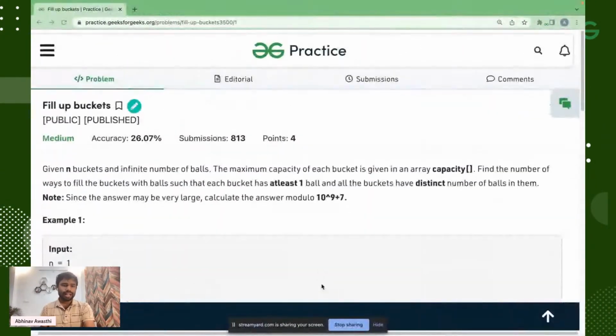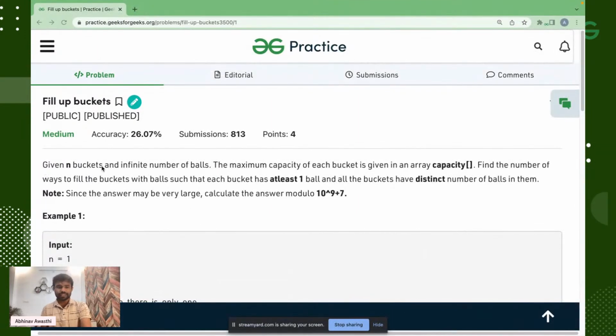The problem is that we are given n buckets and an infinite number of balls. The maximum capacity of each bucket is given to us, meaning in a particular bucket, what is the maximum amount of balls that we can keep.